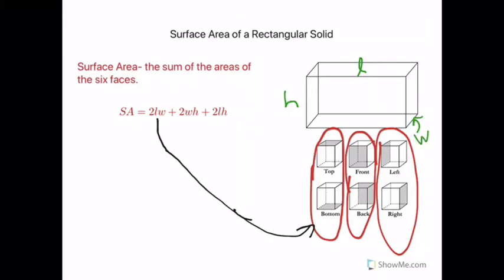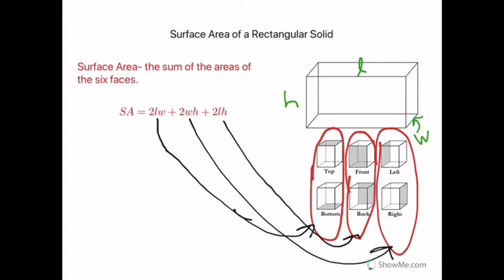So if we're talking about the length times the width, that is going to be the top and the bottom. All right, 2WH comes from the areas of the right and left. And then the 2LH comes from the front and back, the length times the height. So the front and back.